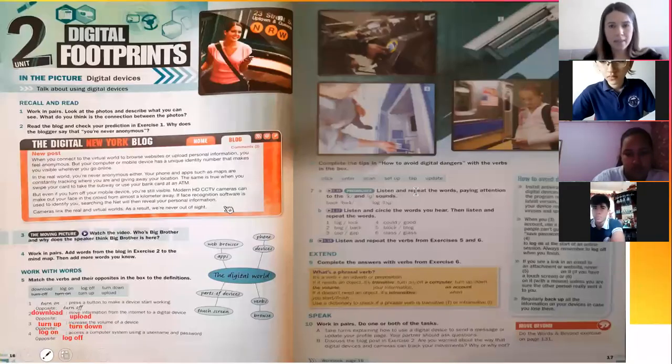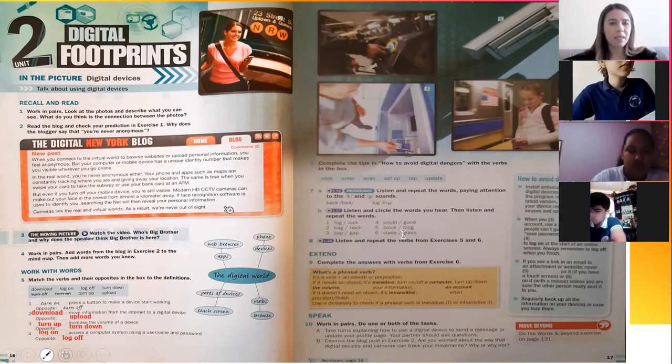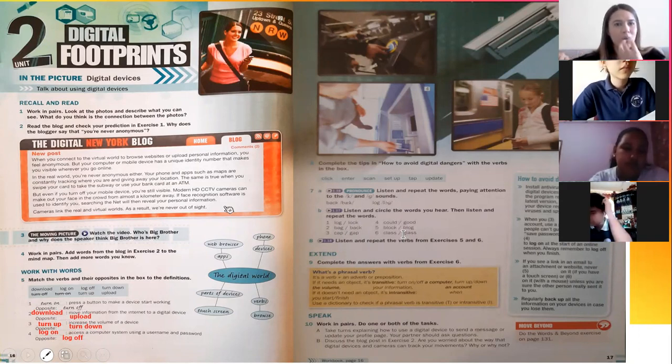Okay, to work the spelling, here it says that you have to listen and repeat words paying attention to the K and the G sound. The pronunciation of K and G is not similar. The K comes from your throat, and the G is more alveolar in your mouth.